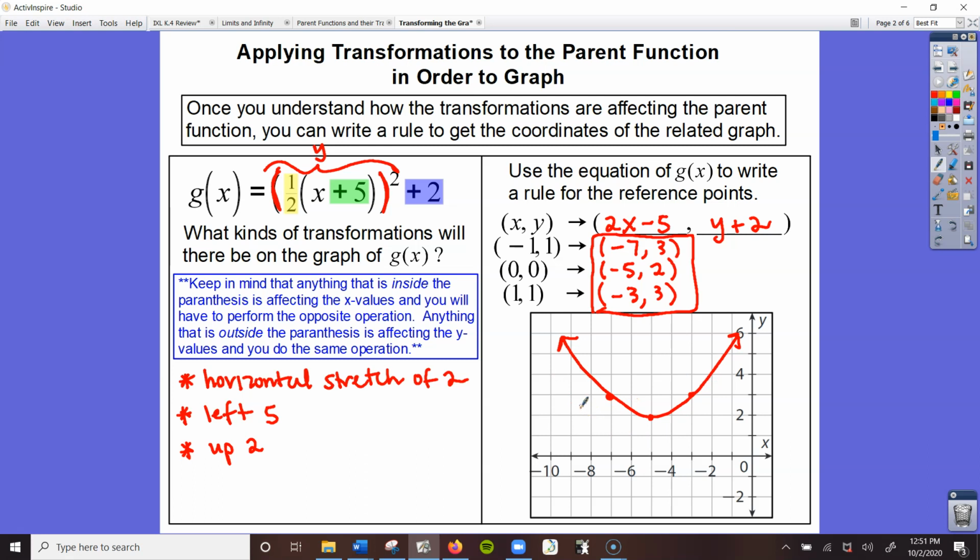It is a wider parabola. Then it moved to the left 5. If the parabola originally starts at 0, 0 at the vertex, notice that now the vertex is at -5, meaning it moved to the left 5. Additionally, the vertex has a y value of 0, so we can see that it moved up 2, like we said it would. So if you applied your rules correctly, it should reflect what you said it was going to do.